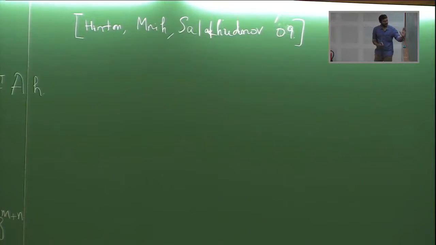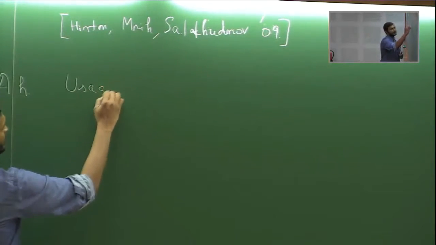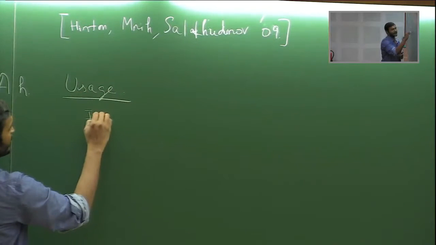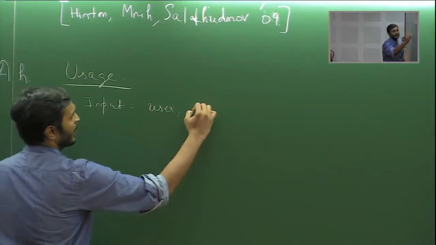For each user we have a bunch of ratings, we just feed them to the left hand side, and that's about it. For the same user, we can use this model and figure out what he might have rated other movies as. So once I describe that, that'll be clear. So the usage idea is, we are given a user and some ratings. So the input is the user and some of the ratings.